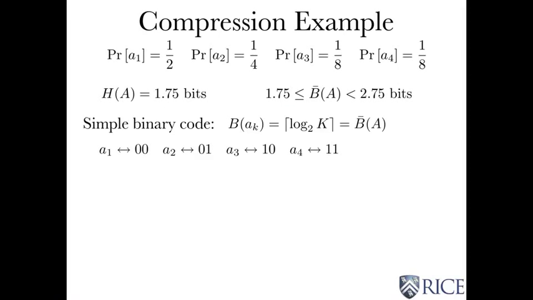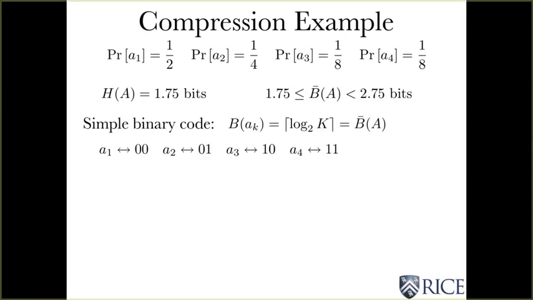Well, let's try what's called a simple code. And the simple code merely assigns the same number of bits for each letter. And so it depends on how many letters you have, and that is given by this expression. I don't know if you've seen this before, these little half brackets on the side, and that's called the ceiling function.